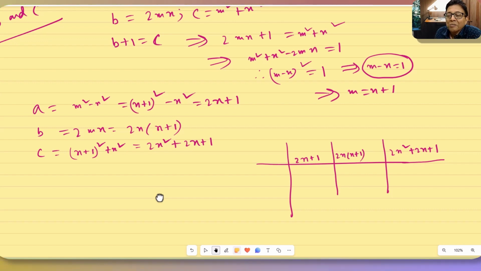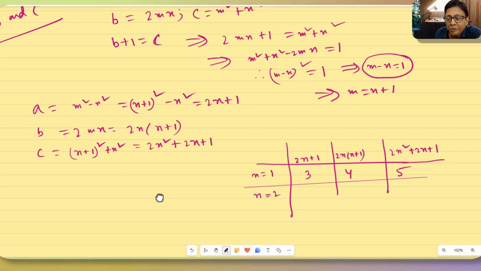Now for n equal to 1, what do you get? This is 3, this is 4, and this is 5. Clear? Any n you take over there. n equal to 2 if you take, what do you get?